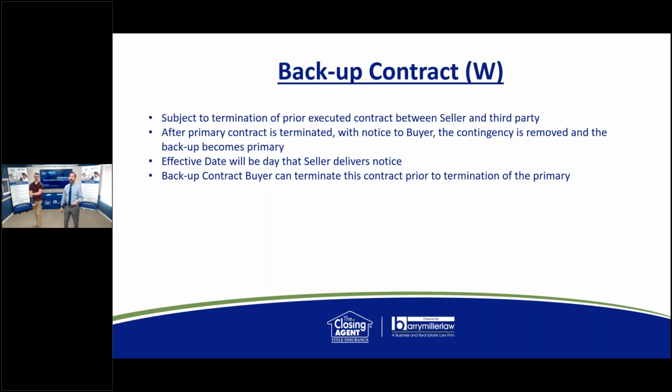So the backup contract, it's subject to termination of the prior executed contract between the seller and a third party. It's after the primary is terminated with notice to the buyer that contingency is removed and the backup comes into primary. The effective date will be the seller delivery date, and the backup contract can terminate this contract prior to termination of the primary. So you can put things, of course, in as backup.